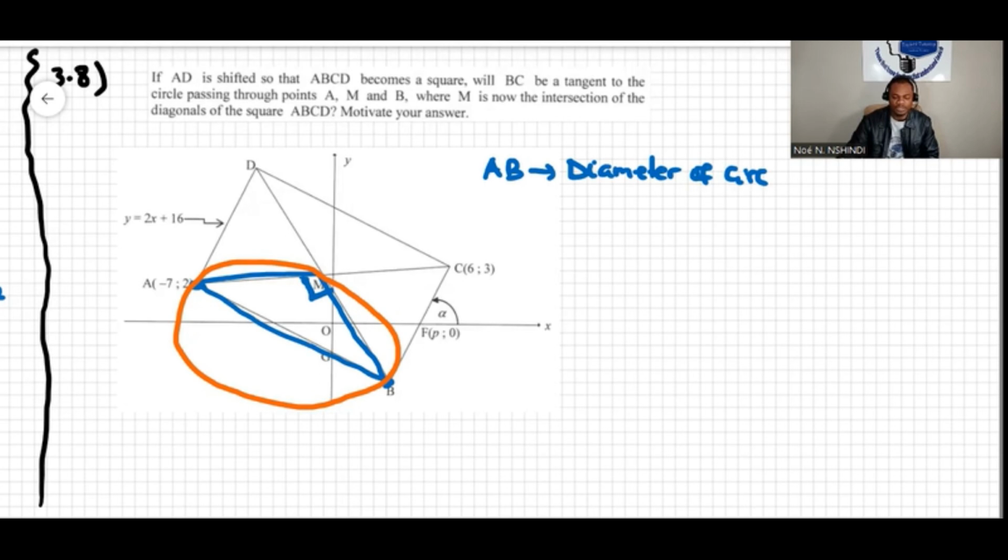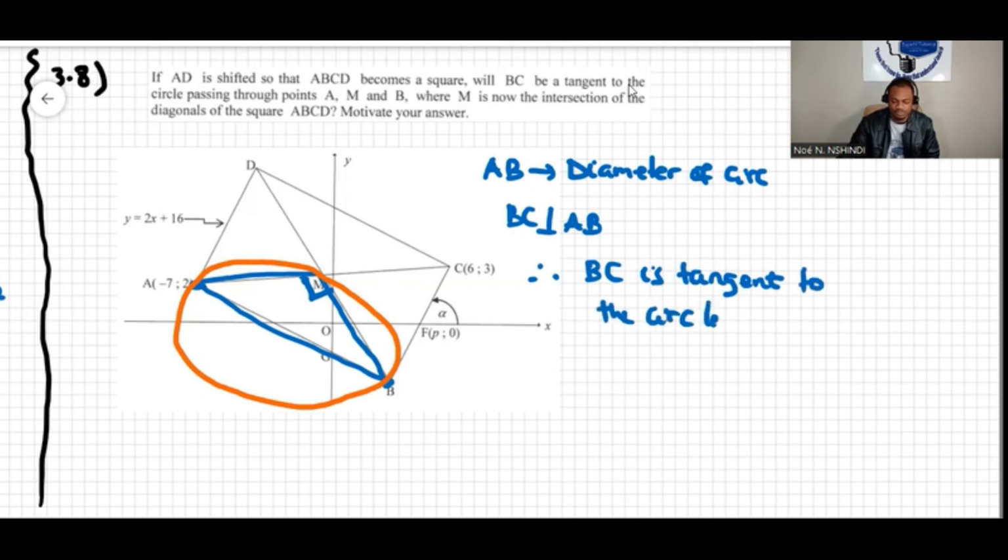And because BC is perpendicular to AB, this line is perpendicular to the diameter. Therefore, I'll say BC is tangent to the circle. Thank you.